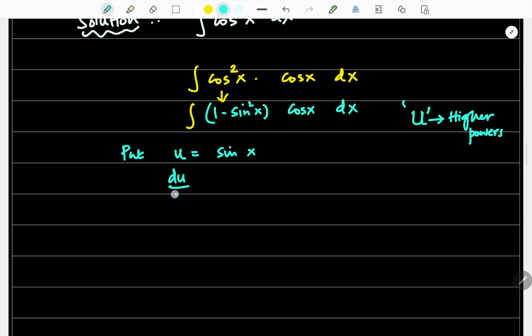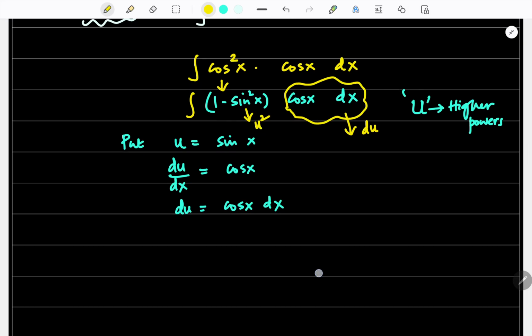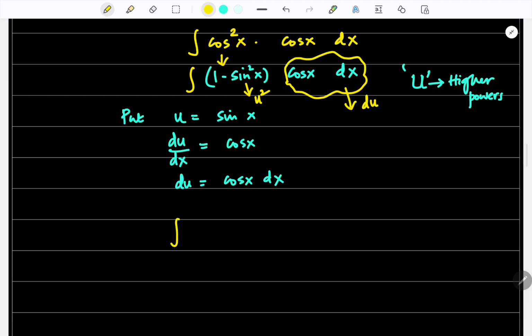Now you differentiate: du by dx is equal to cos x, so du is equal to cos x dx. Now look here. This cos x dx will become du, and sin²x becomes u square. So the integral will be the integral of (1 minus u square) times du.